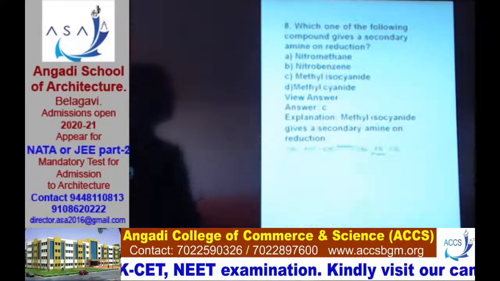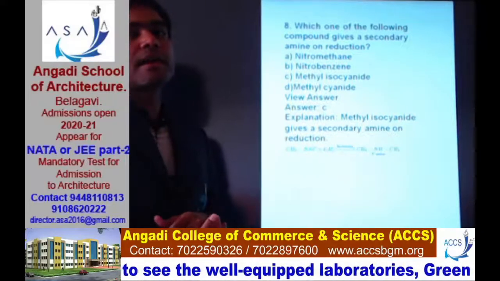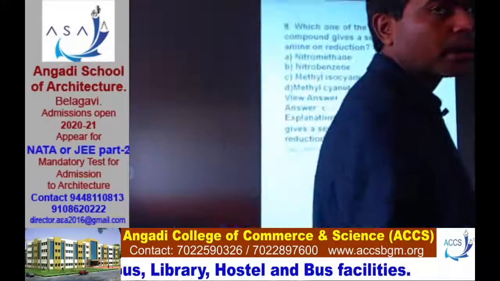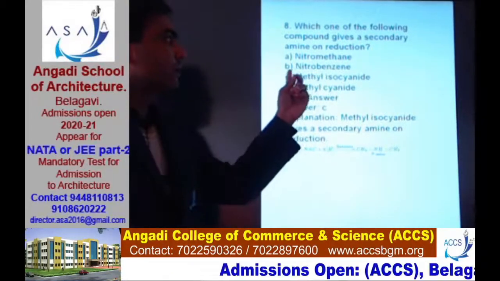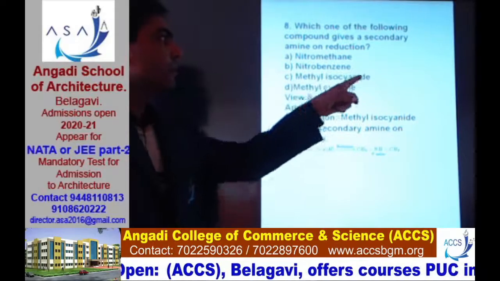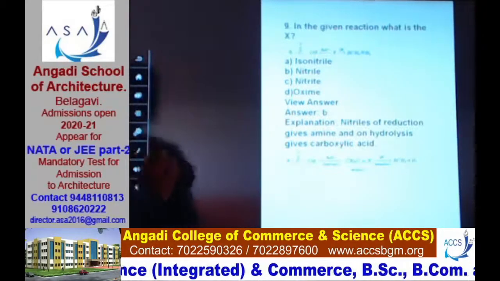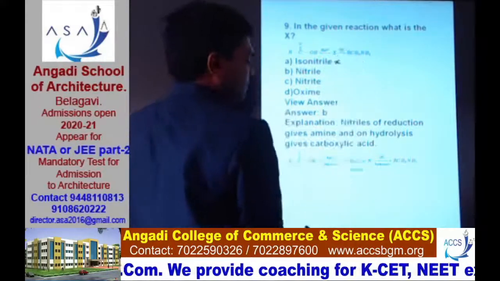Next question. Which of the following compounds gives a secondary amine on reduction? Till now we finished the questions only on primary amines. Now we have to go for the secondary amines on reduction. The options are nitromethane, nitrobenzene, methyl isocyanide, methyl cyanide. Let's see one by one.